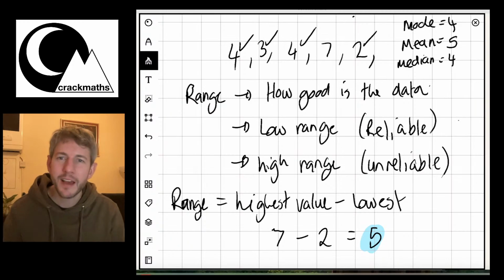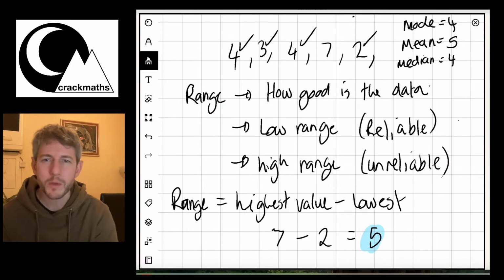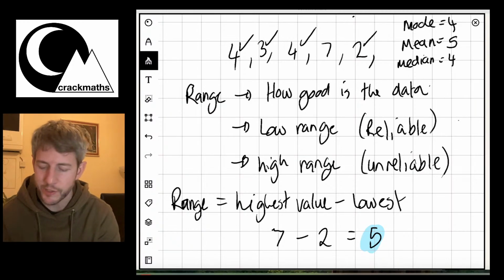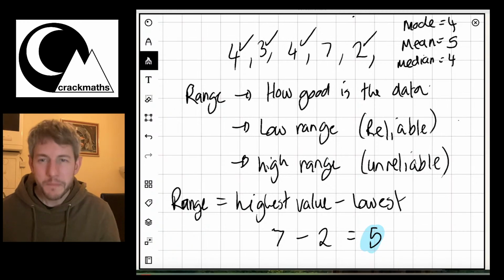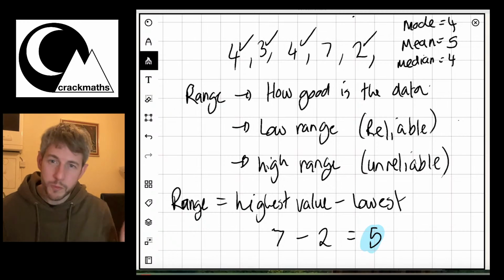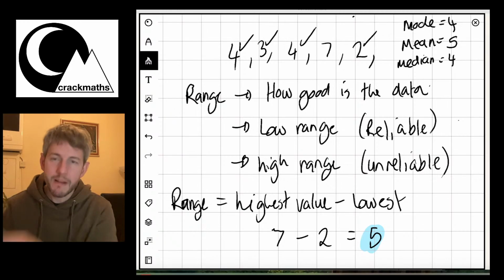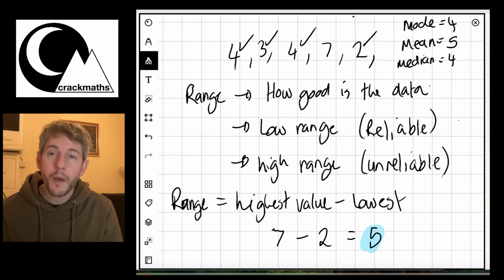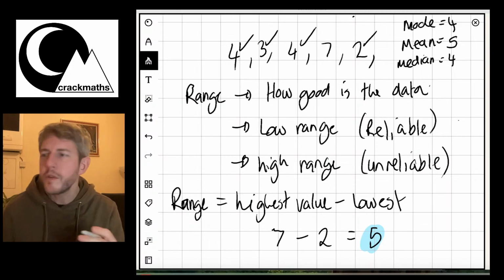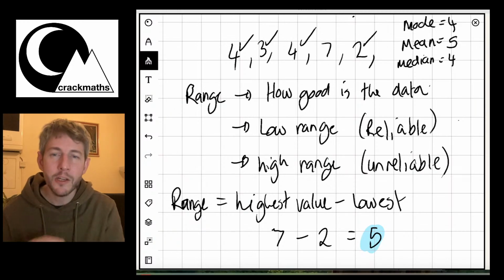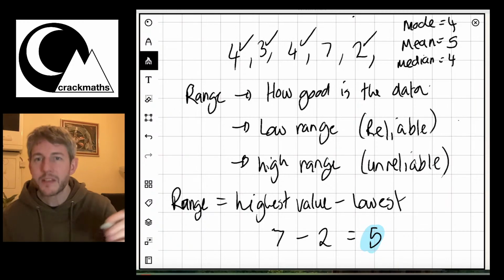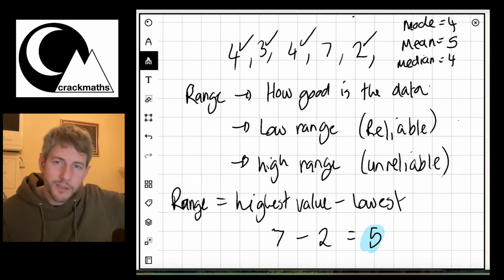One of the examples that people always like to use for mean and range is average salaries. Because there's some people that earn so much money, but most people earn around the same money. Whenever you take an average salary, if you use the mean, it makes it look like everybody is much better paid than they are, because the limits on how much some people earn is endless.